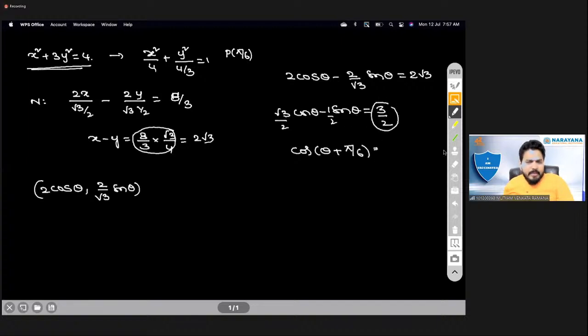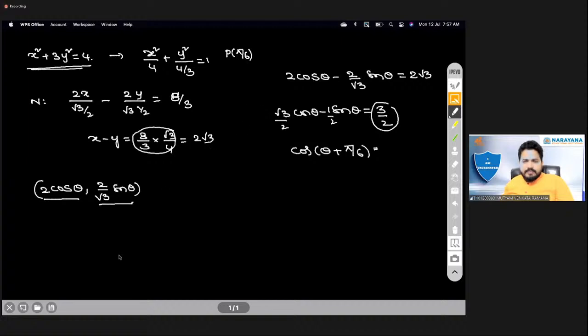Did we make any simplification mistake? Just check it. The point is a cos theta, a sin theta only, right? Just look at the equation simplification, because you are not getting the equation.